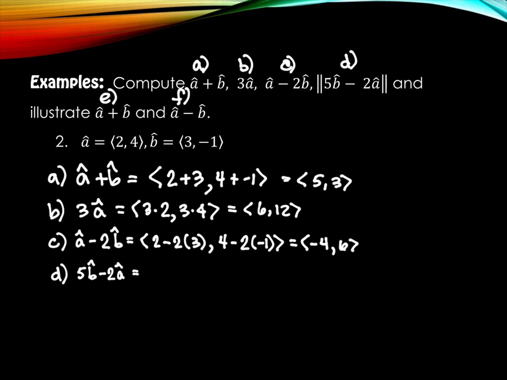So we need 5 times the x component of b, which would be 3, minus 2 times the x component of a, which is 2. And then we have 5 times the y component of b. So 5 times negative 1 minus 2 times 4. Did I get it written in there right? I think I did.